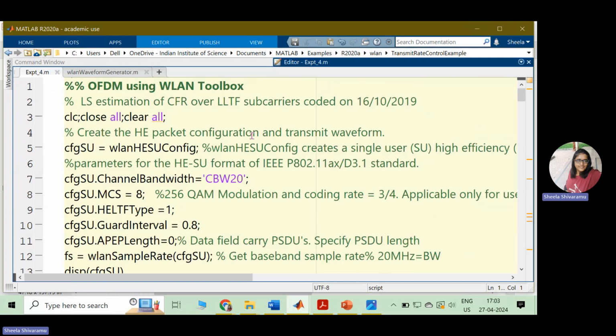In practice also, this is being done. Initially, the LLTF field is used for the channel estimation in order to decode the pre-HE-LTF field of the packet. Then the HE-LTF field is used.